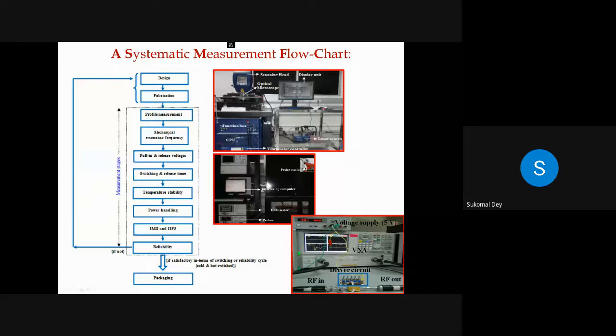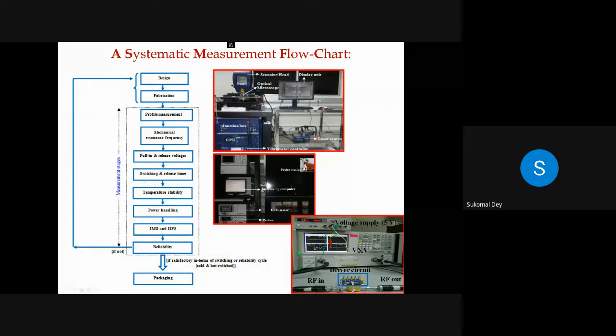Then you have to measure the mechanical resonance frequency. Then you have to see the pull-in voltage, that is the actuation voltage, the voltage it takes for the beam to completely snap down, and the release voltage, the voltage at which the beam moves up.